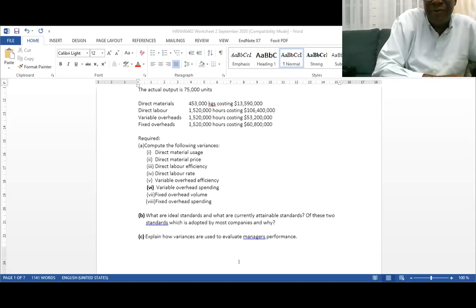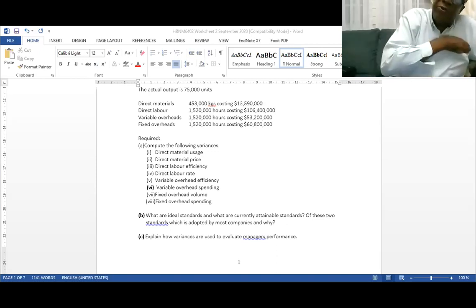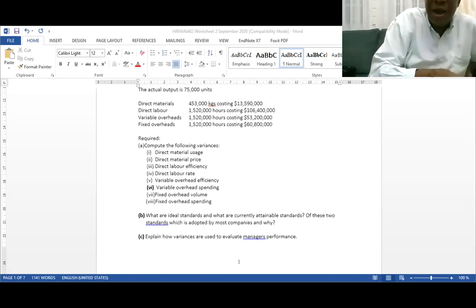Machines can break down. So what do you do? You make arrangements, you have a timetable for servicing the machines. Because we know that if machines are not serviced, just like your car, if you don't take it to the mechanic frequently, you know it's going to break down. It's going to leave you on the road at an inopportune moment.